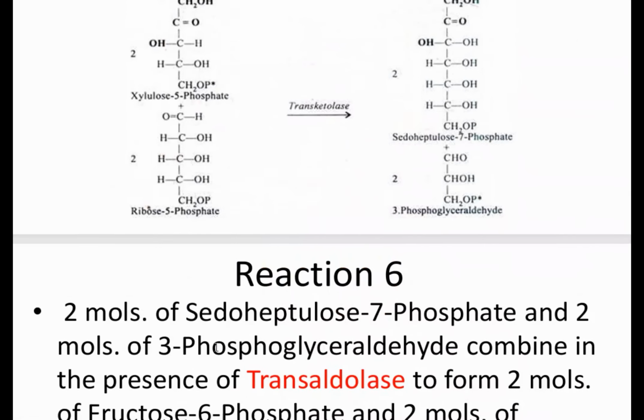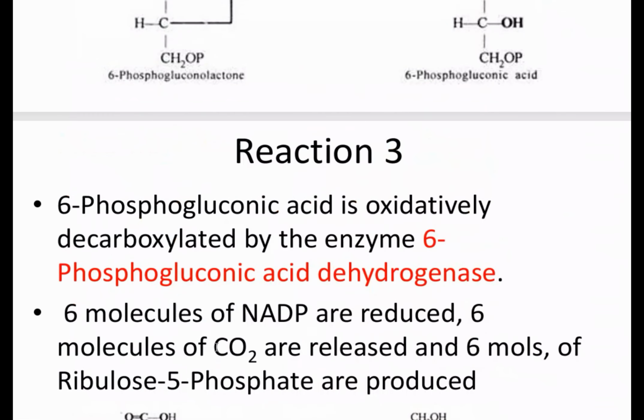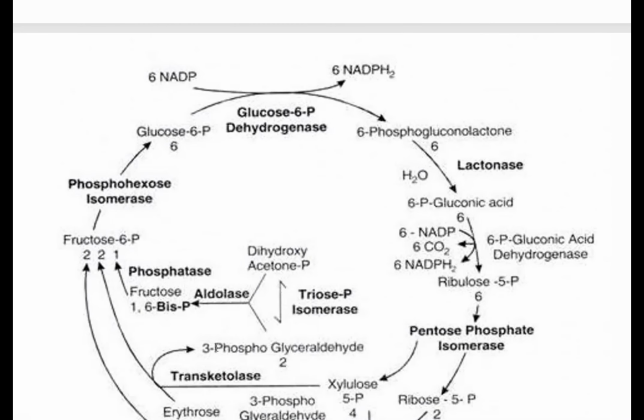And if you want to see the reaction sequence or reaction summary at a glance, then you will find glucose 6-phosphate to 6-phosphogluconolactone, then it will produce 6-phosphogluconic acid in presence of this enzyme, then it will produce ribulose 5-phosphate with these enzymes, and here 1 molecule of carbon dioxide is released.